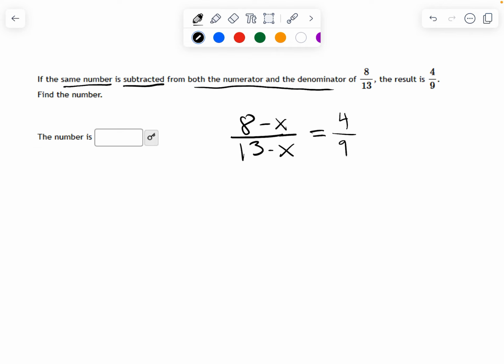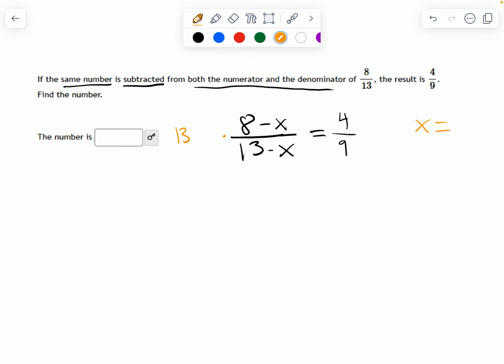All right, and then it just says find the number. So we just need to solve for this, right? Our goal is essentially x equals, right? We represented that number with an x. X equals is the goal. So right now, having an x in the denominator, not helpful. We need to get it out of the fraction, so let's undo that fraction. Fractions are division. They're undone with multiplication.